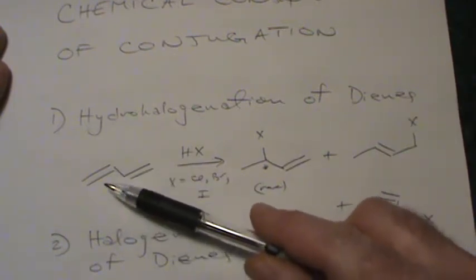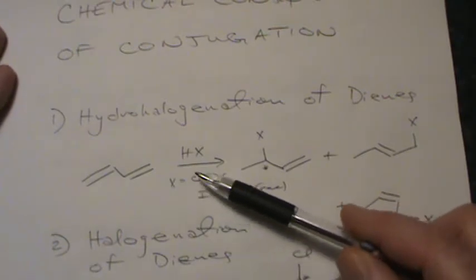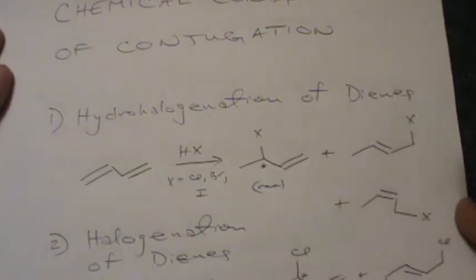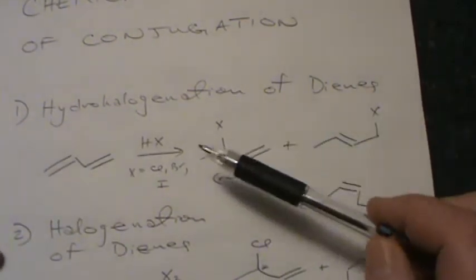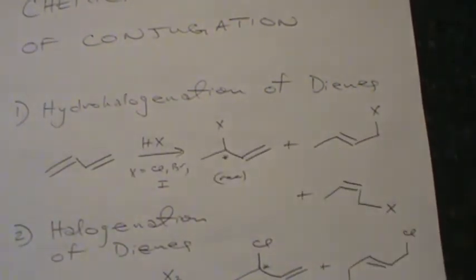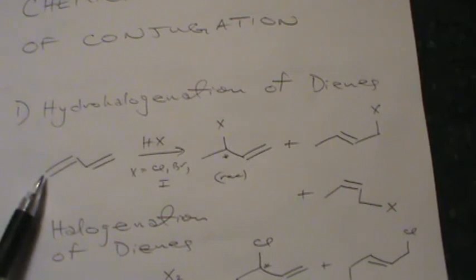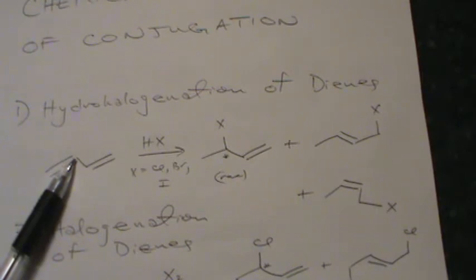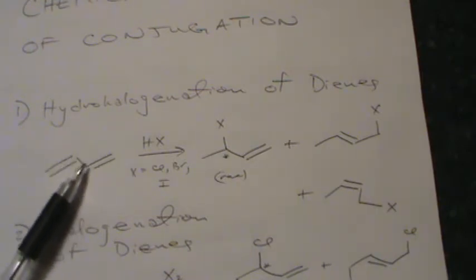Here we have this simple 1,3-butadiene, and we're reacting it with a hydrogen halide, could be HCl, HBr, or HI. We notice that we do a Markovnikov hydrohalogenation, meaning that we're going to protonate the less substituted carbon in order to form the more highly substituted carbocation, which, as we discussed, is actually a resonance delocalized allylic system.